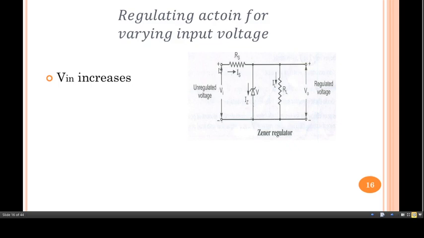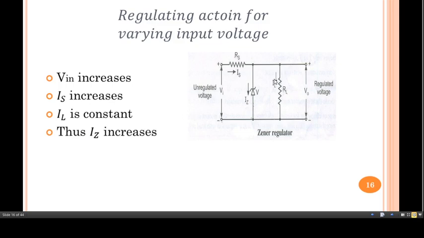If Vin increases, the current entering the circuit will increase. The load resistance RL is constant. That's why the load current IL is constant, calculated as the voltage across this branch, which is Vz, divided by RL. So the IL current will be constant even though Is increases.